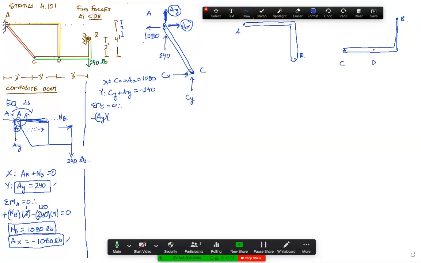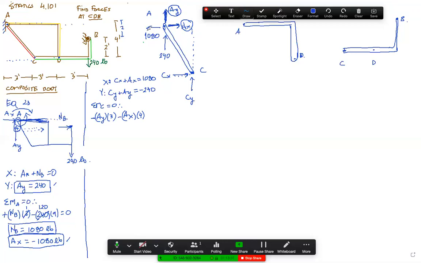Well, how much should I walk from here to there? It says that this is 3. Now, what about AX? AX will also produce a moment regarding C. So AX times the distance, which is this height, and that height is actually 4. And this thing should be negative as well.